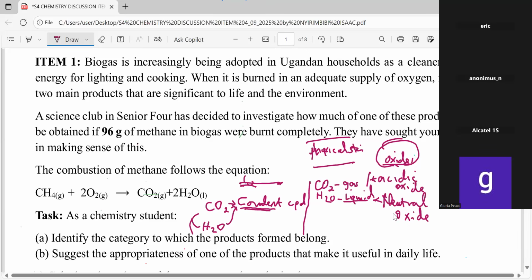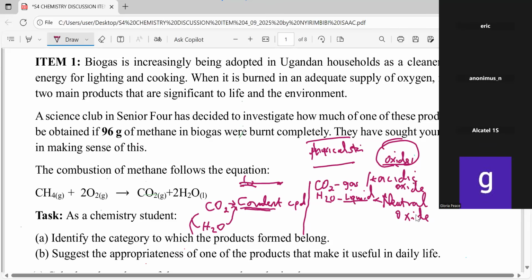Gloria, are you still there? Yes. When you talk about litmus paper, you recall that when you're giving a reason, we are giving a fact. So what do we know about a neutral oxide, and what do we know about an acidic oxide?